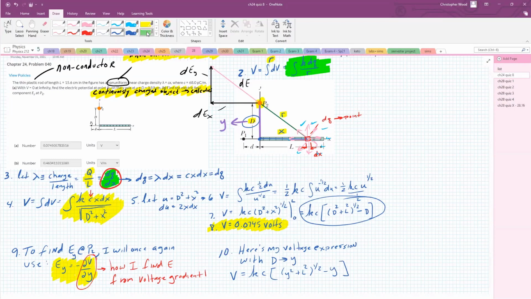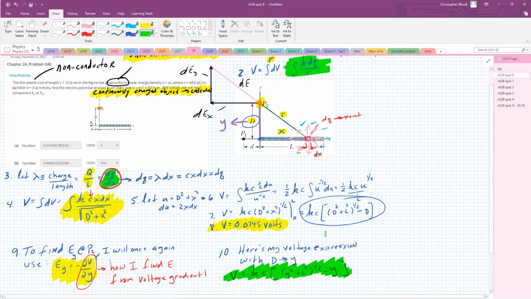What you see here, this expression is identical to the earlier expression, except instead of using the constant D, I'm letting D become Y because I need to figure out how voltage is changing as a function of Y. That's why I'm doing this.